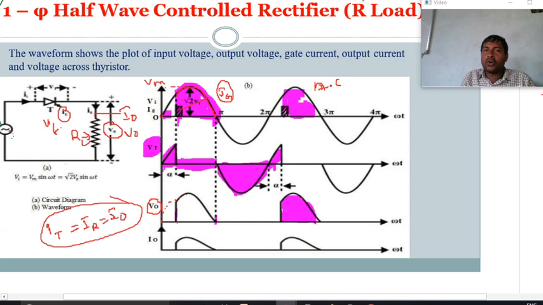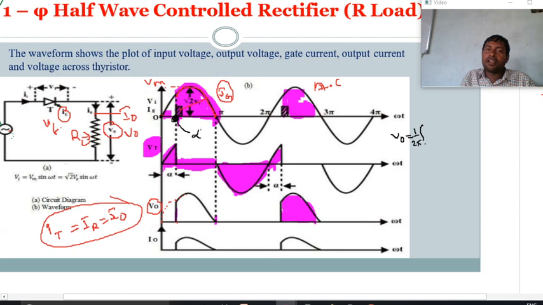If you take the output voltage equation, V output is equal to 1 by 2 pi times the integration, and this is the firing angle. This is 0, and this is the point where we are giving the firing angle, which I am taking as alpha.